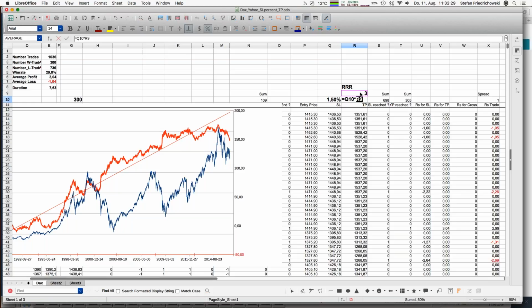I do that kind of adjustment to the Excel sheet simply because I do the optimization with those three numbers: EMA value, stop loss in percent, and risk reward ratio. Of course, I can do it here in the Excel sheet, but you see already when I change one number, I have to wait for the result.